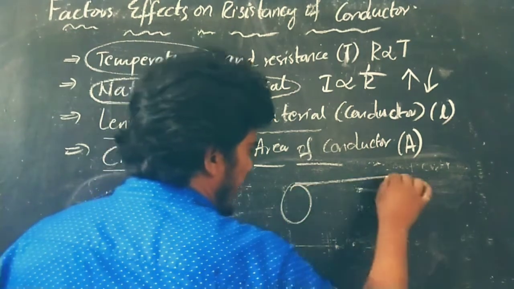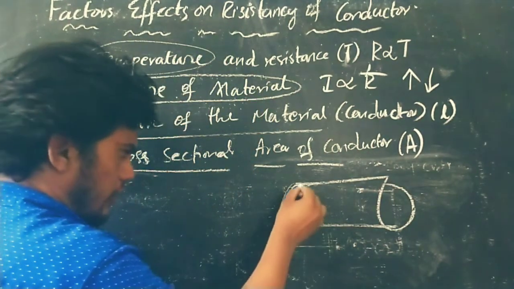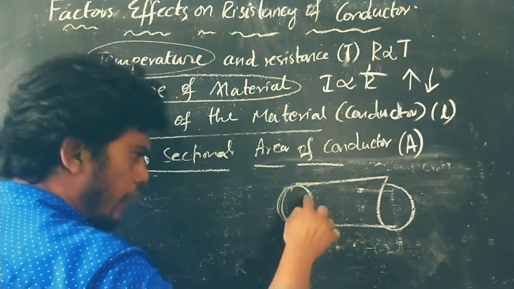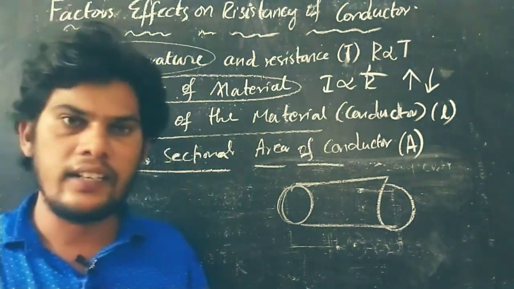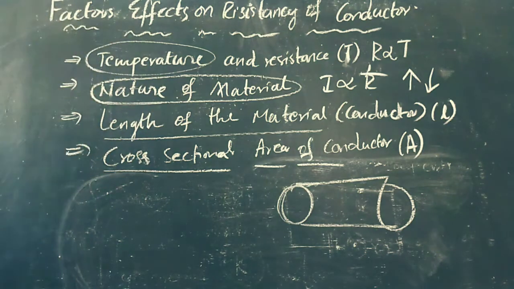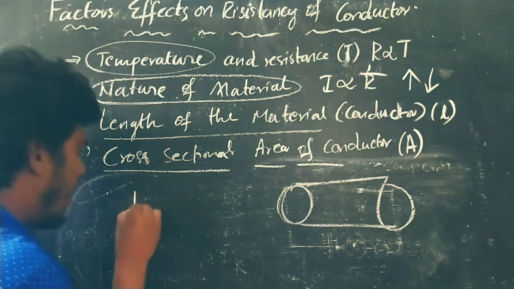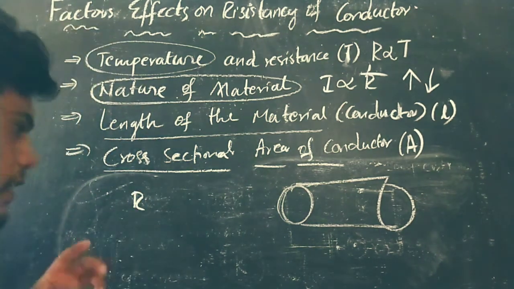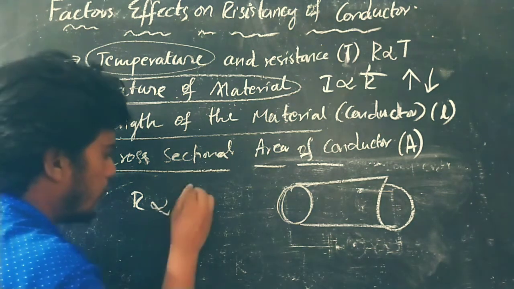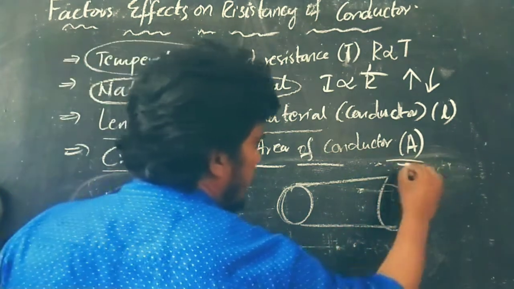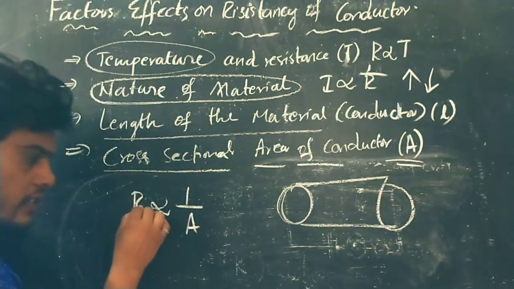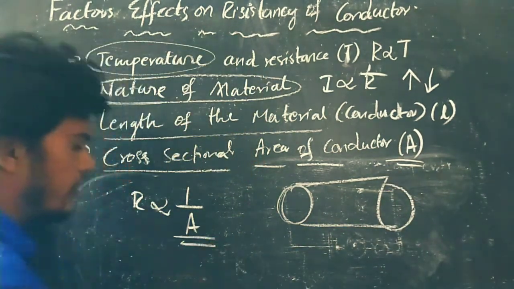For example, if it is a conductor, this round shape, the wider size, is called the cross-sectional area. So dear students, the resistance R is inversely proportional to the cross-sectional area A, which is denoted with A.